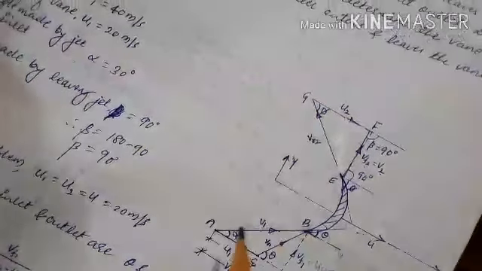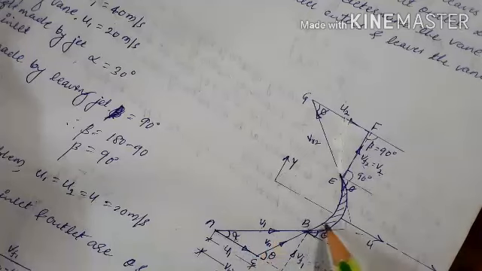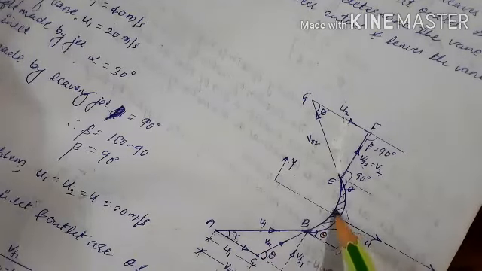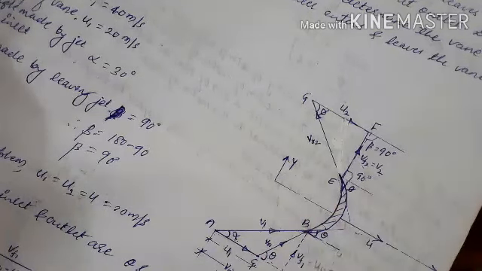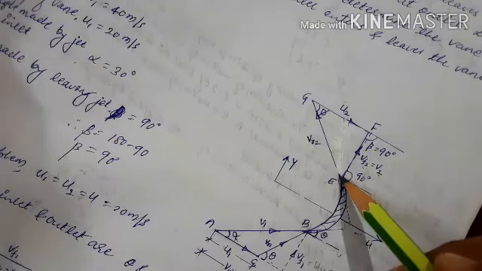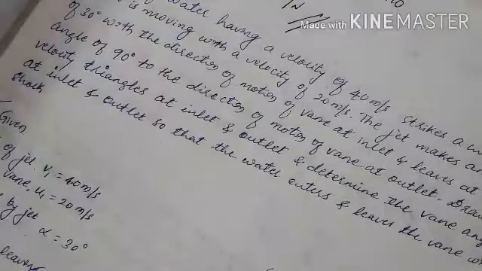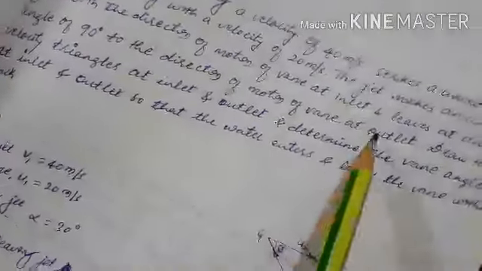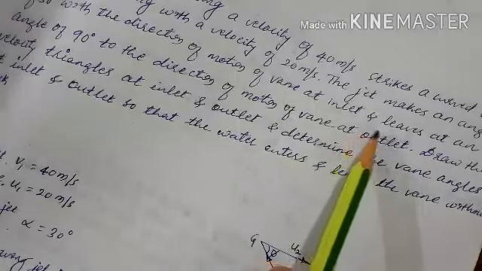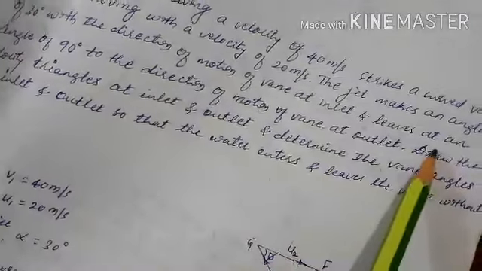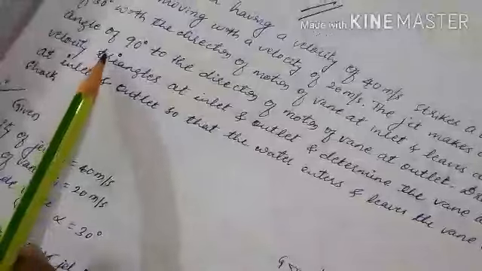After that, the jet enters the vane passage and glides over the surface, and it leaves by making an angle of 90 degree, as given in the problem. Look at the way the jet leaves at an angle of 90 degree.